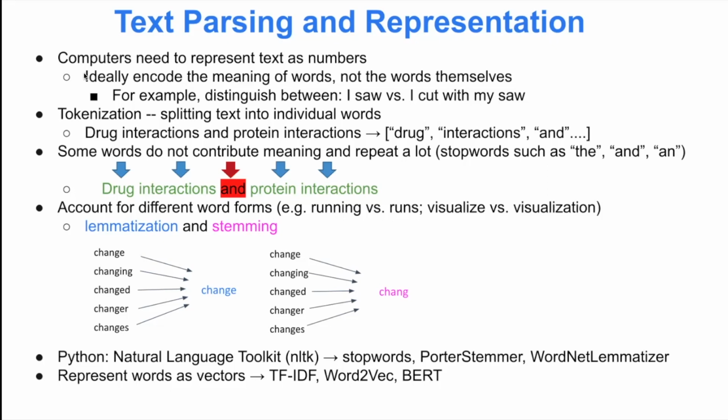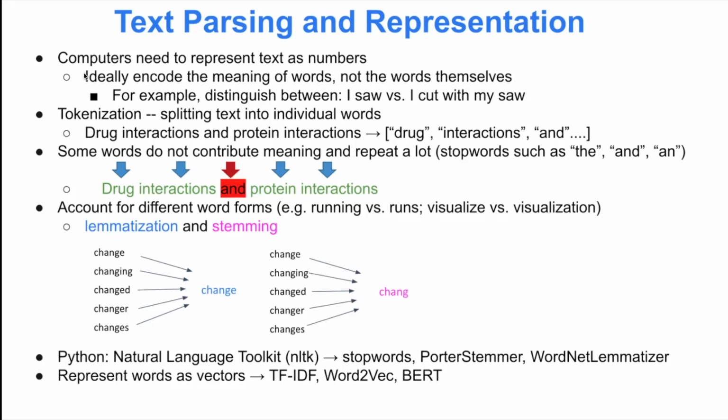And then also, it's important to think about accounting for different word forms. So running versus runs, visualize versus visualization, right? These words largely capture the same meaning, so you wouldn't necessarily want to represent them in significantly different ways. There are two main techniques used to deal with this word form problem.